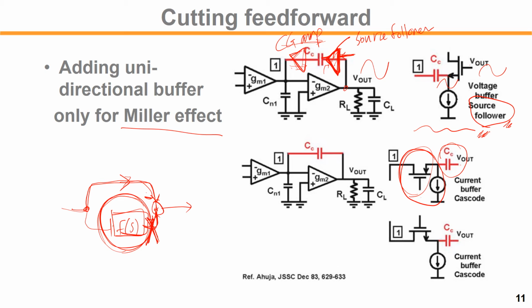So it can be a PMOS or NMOS device. PMOS transistor, NMOS transistor, in either case it's fine. So we can use the current buffer. This is common gate, right?